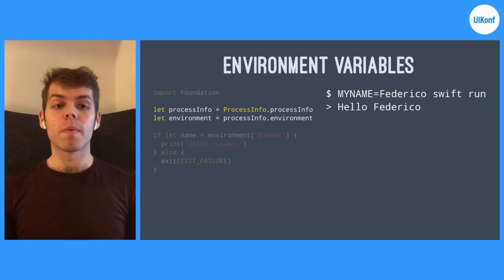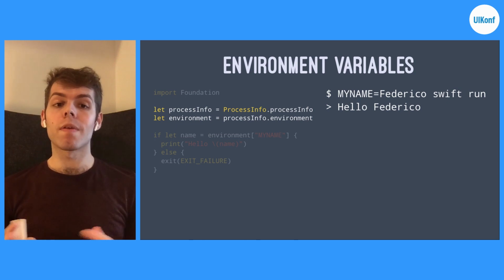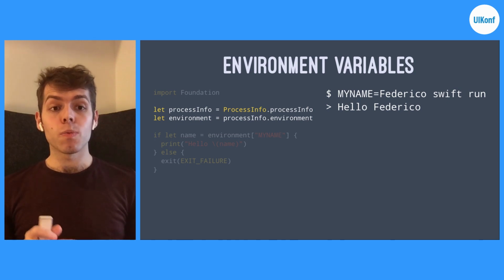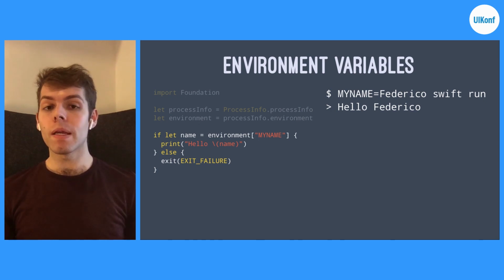One of the pieces of information available from this object is the environment, which is just a dictionary containing all the keys and all the values of all the environment variables. Once we have a hold of this dictionary, we can query for whatever key we need, and if there is something, then we can do something with it.